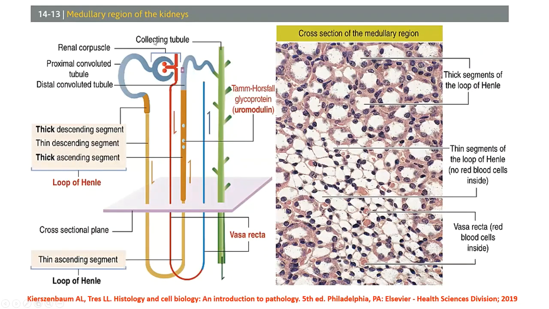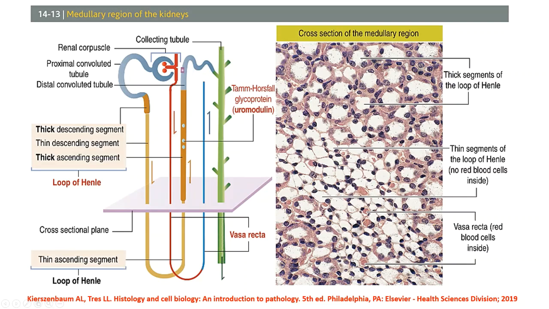So if you see this medullary region of the kidney, the bulk of its components will be the thin descending limb of the loop of Henle, the vasa rectae, and the collecting ducts. If you look at the image on the right, you will see that in the thick segments of the loop of Henle, the cells have more abundant cytoplasm and are larger, while the thin segments have a very thin wall with a very inconspicuous layer of epithelium sitting on the wall.